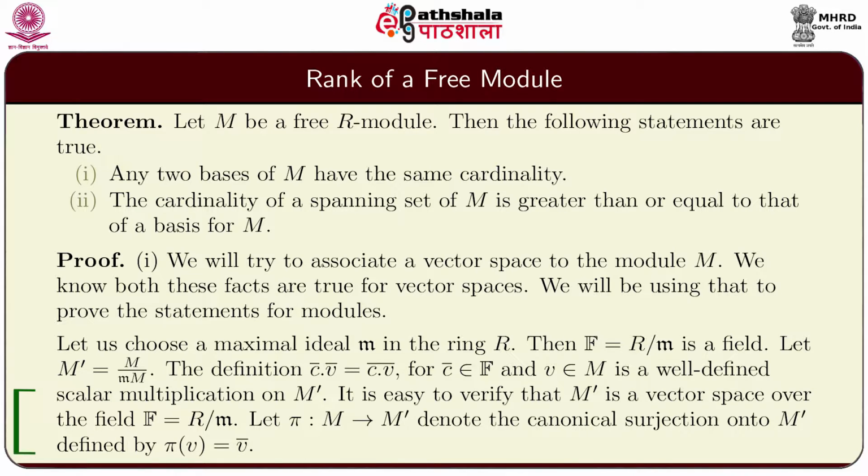And it is easy to verify that M dash is a vector space over the field F with respect to this scalar multiplication, and the addition structure comes from the quotient module. Let pi from M to M dash denote the canonical surjection onto M dash defined by pi of V is equal to V bar. You know, V bar is nothing but the equivalence class of V or the coset V plus MM.